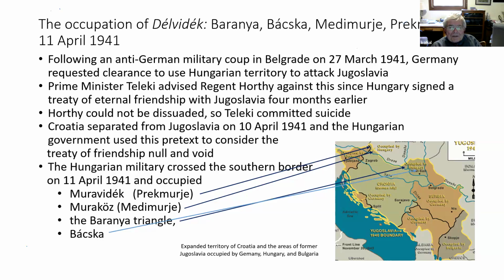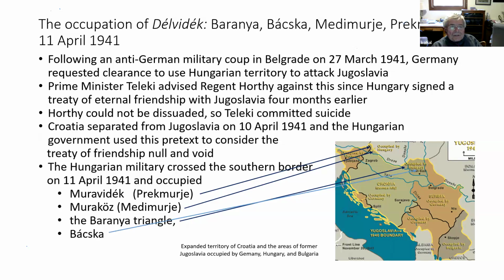There was a coup d'etat in Yugoslavia, which prevented the German-sympathetic government from concluding negotiations with Germany, because the Germans wanted to support the Italian troops in Greece, and they needed to march through Yugoslavia. But anyway, the anti-military coup d'etat in Belgrade resulted in Germany's decision to attack Yugoslavia.